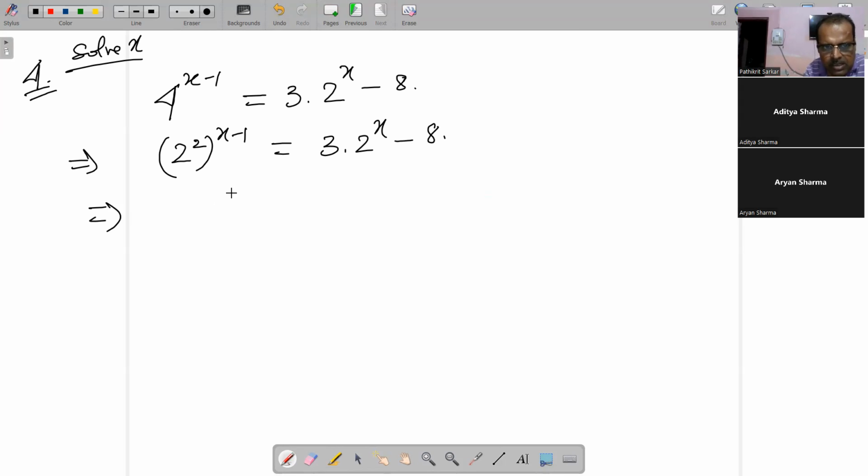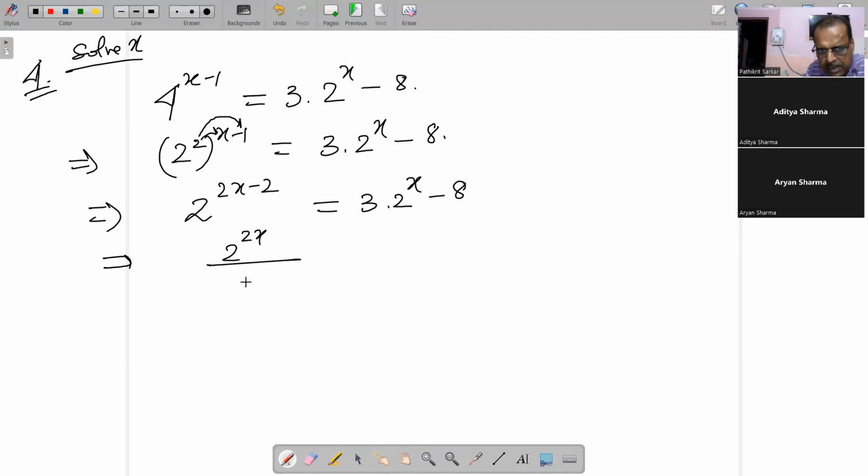So these equations we can write in the form of 2 to the power, यहाँ पर लिखेंगे इसको यहाँ से मल्टीप्लाई करो, that means 2x minus 2. ठीक है. और यहाँ पर लिख देते 3 into 2 to the power x minus 8. अभी ये इसको हम 2 to the power 2x लिखते हैं, नीचे 2 स्क्वायर कर देते हैं, क्योंकि ये जो -2 है इसको नीचे लेके आते हैं.